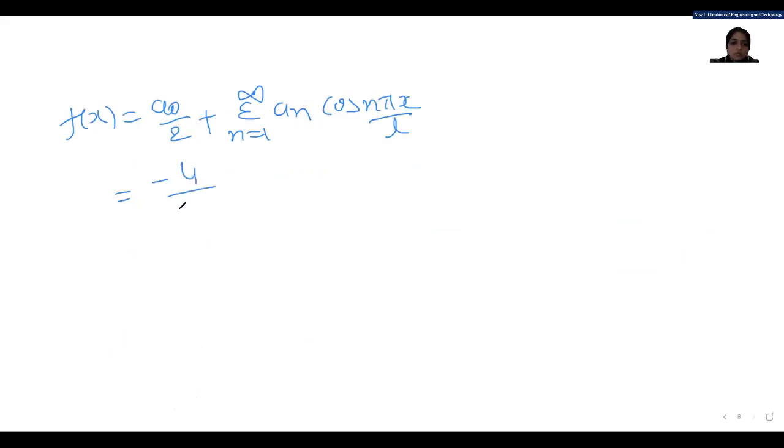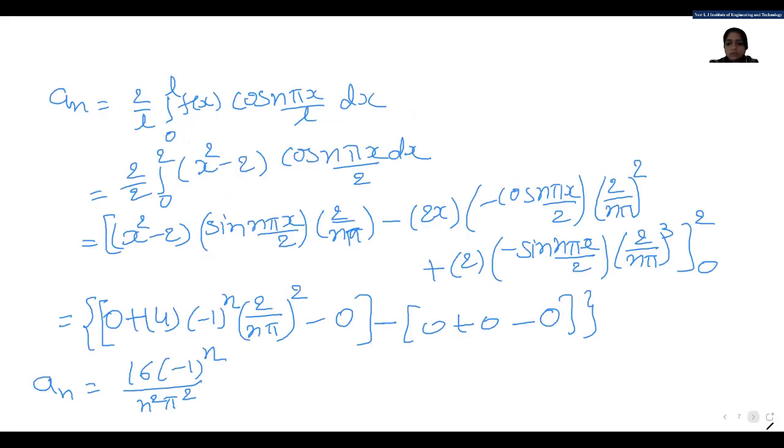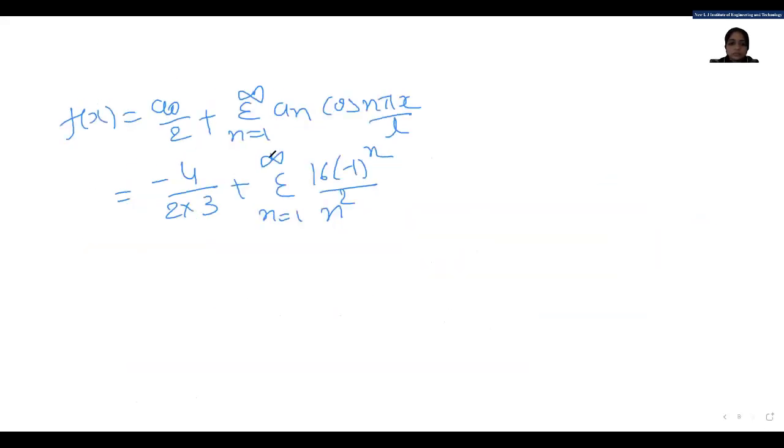Here minus 4 by 3, so 2 into 3, summation n 1 to infinity, 16 minus 1 raised to n upon n square pi square, right? Into cos n pi x, and don't forget to put the value of L, that is 2.